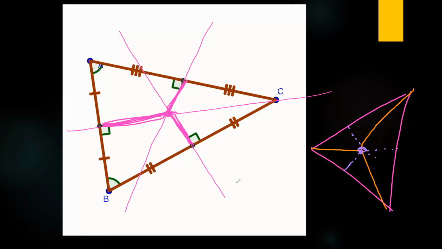So for the angle bisectors, I need to draw new segments in order to say that they are equal in distance. But for the perpendicular bisectors, the lines themselves are perpendicular and have the same length.